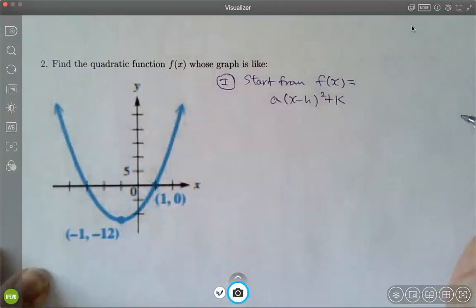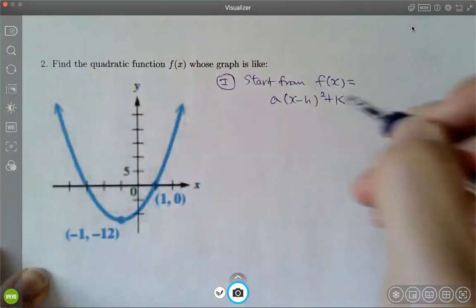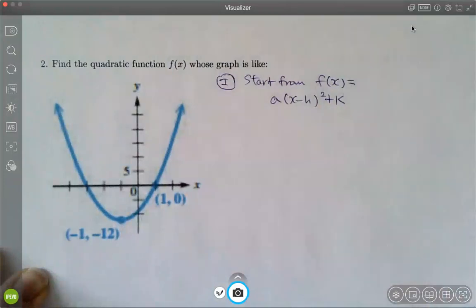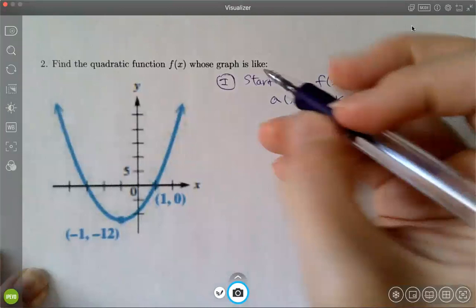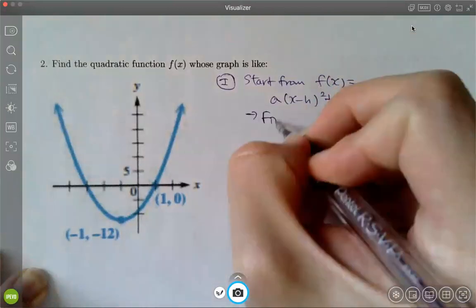Now from this form, what are the unknowns? The unknowns are not x, right? What are the unknowns? a, h, and k. Okay, so what do we do here? Find a, h, and k.